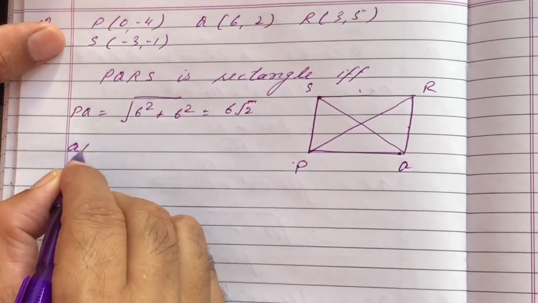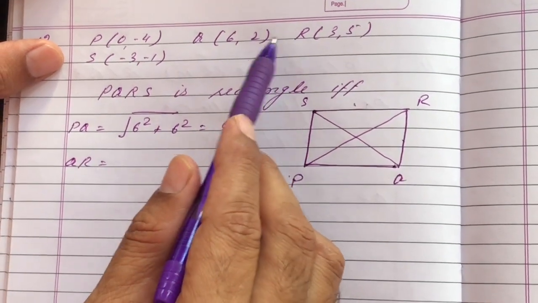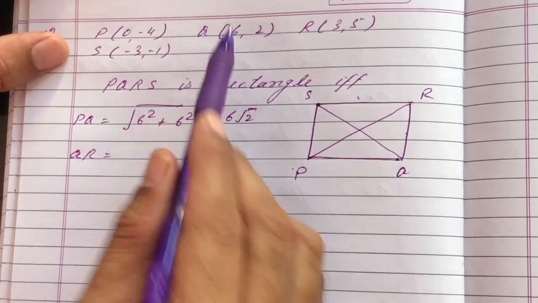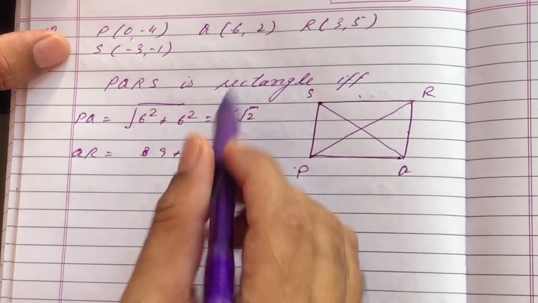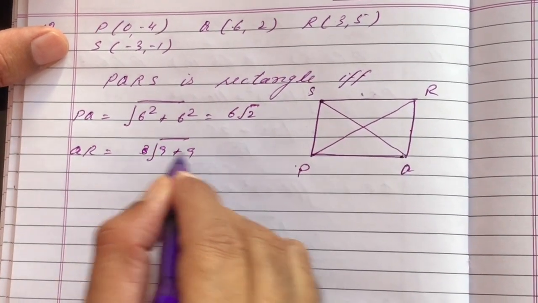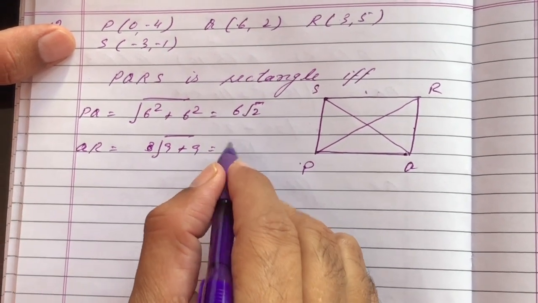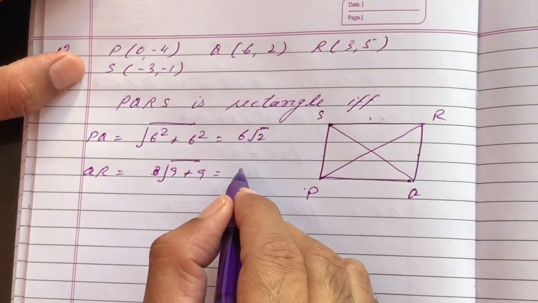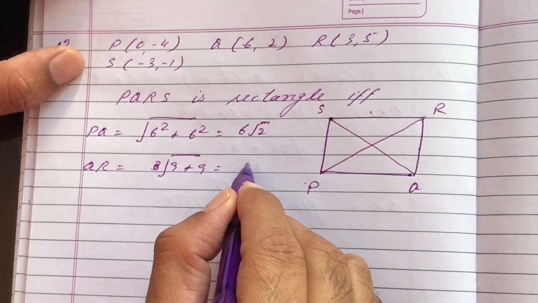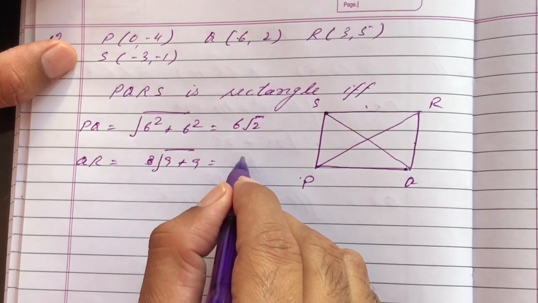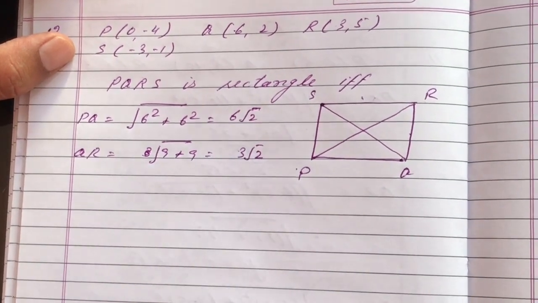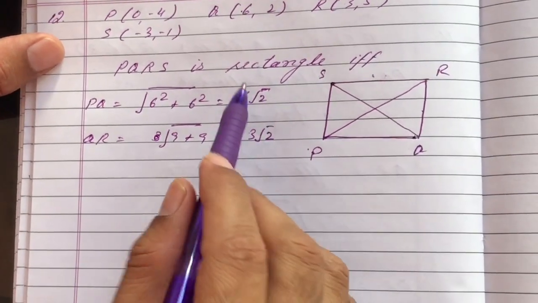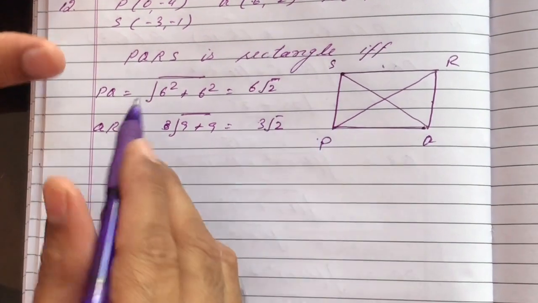Then QR: 3 minus 6, 3 square 9, 5 minus 2 square 9, so it is 3 root, 9 plus 9 is 18, 3 root 2. Then I find RS.